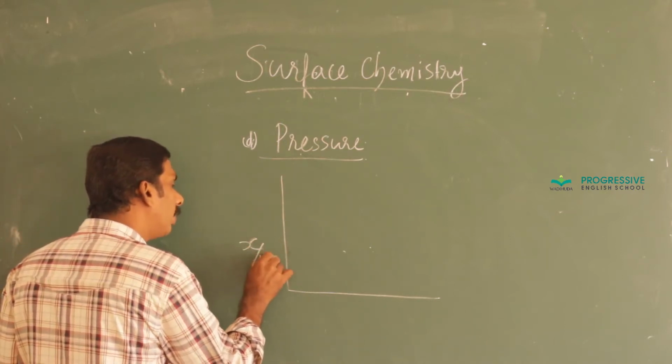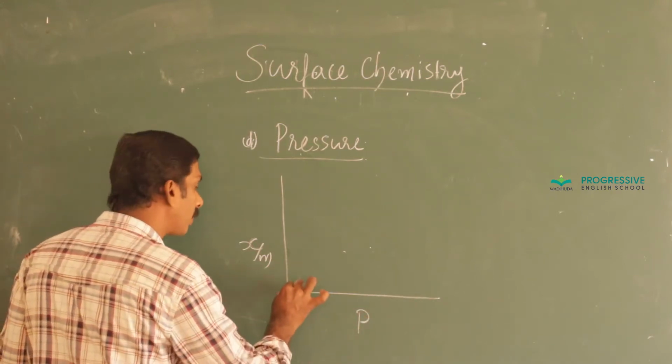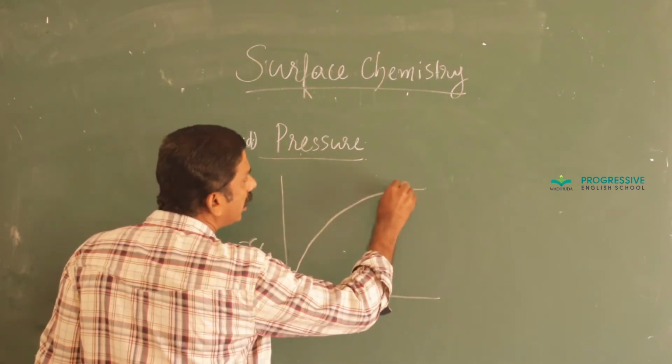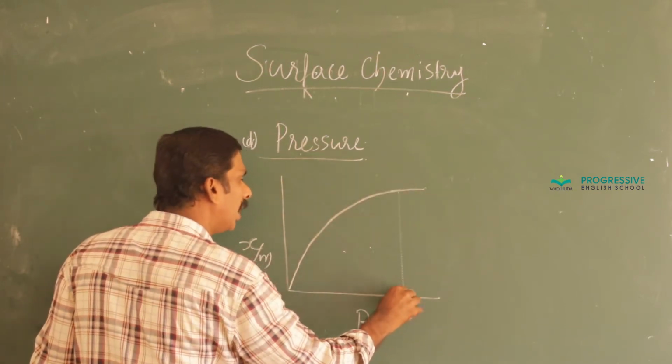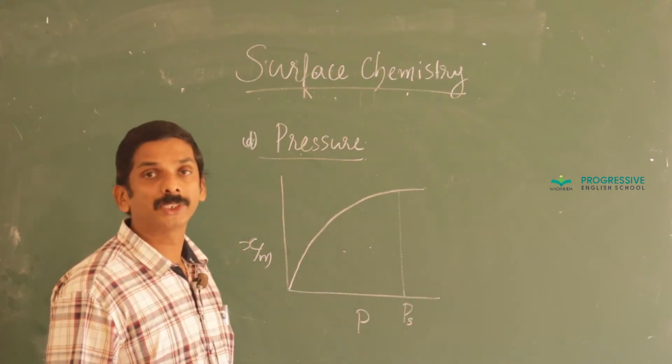Again we draw the graph by using extent of adsorption against pressure. You see the nature of the graph like this. Here it reaches a maximum value. That maximum value is called saturation pressure.